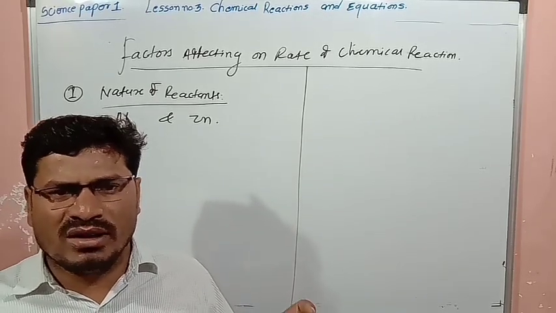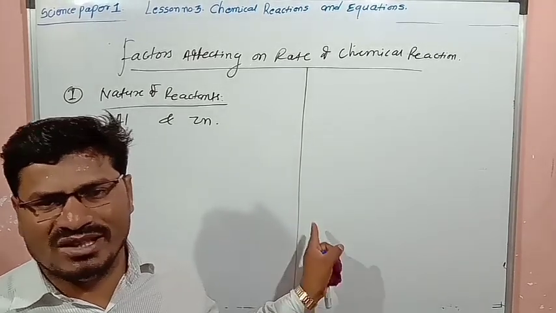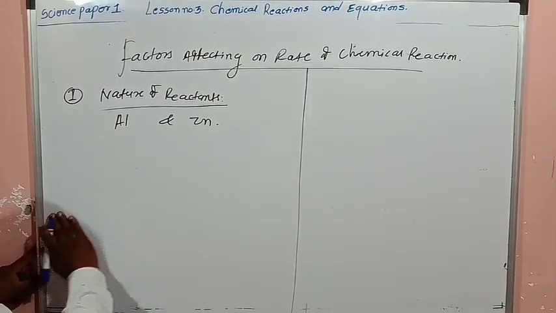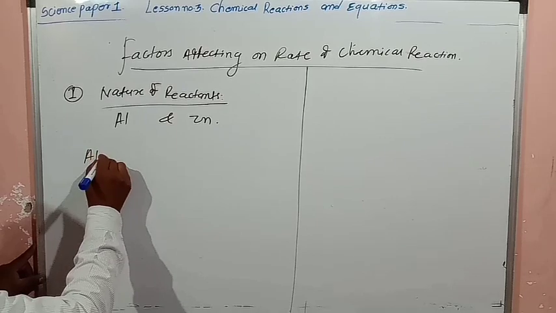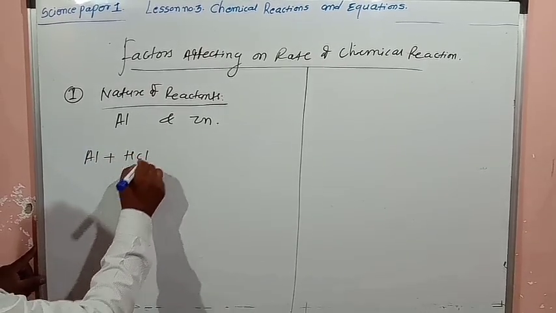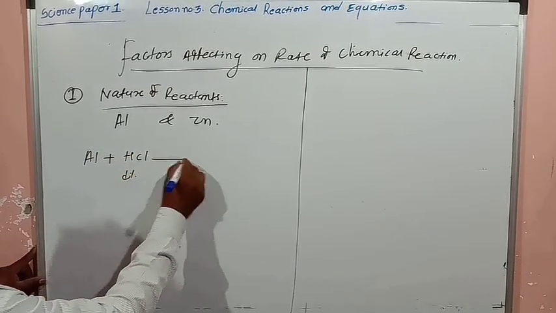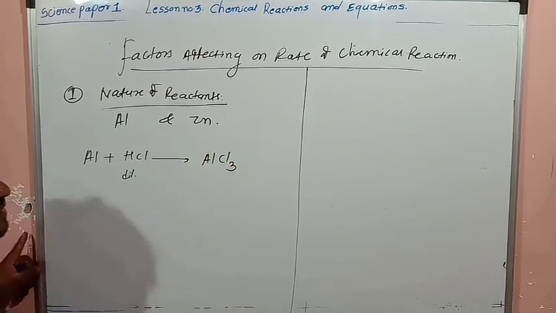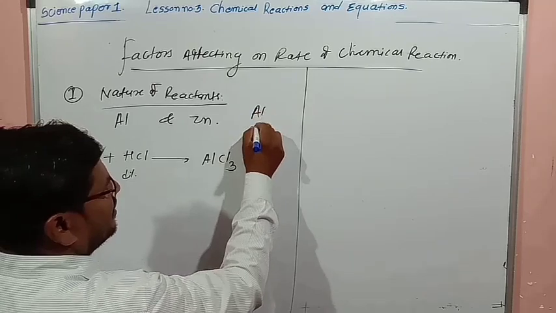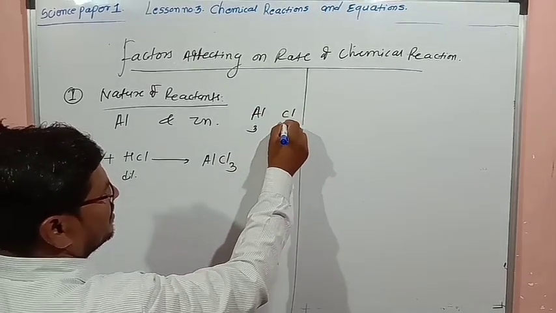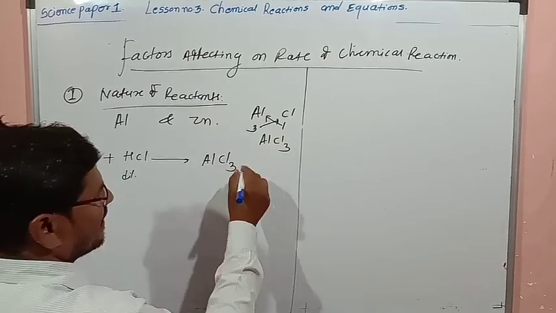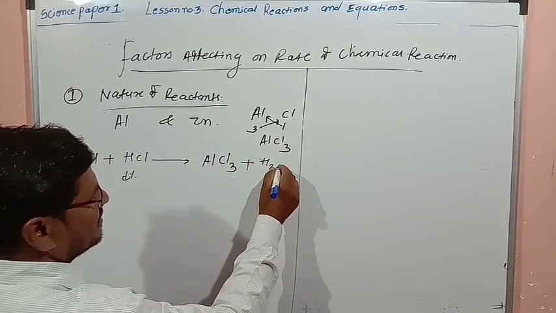When you carry out the reaction of these metals with dilute acid, suppose you carry out the reaction aluminum plus dilute HCl, you will get AlCl3. Why AlCl3? Aluminum's valence is 3 and chlorine's valence is 1, and if you do cross multiplication you will get AlCl3, and hydrogen gas is liberated.